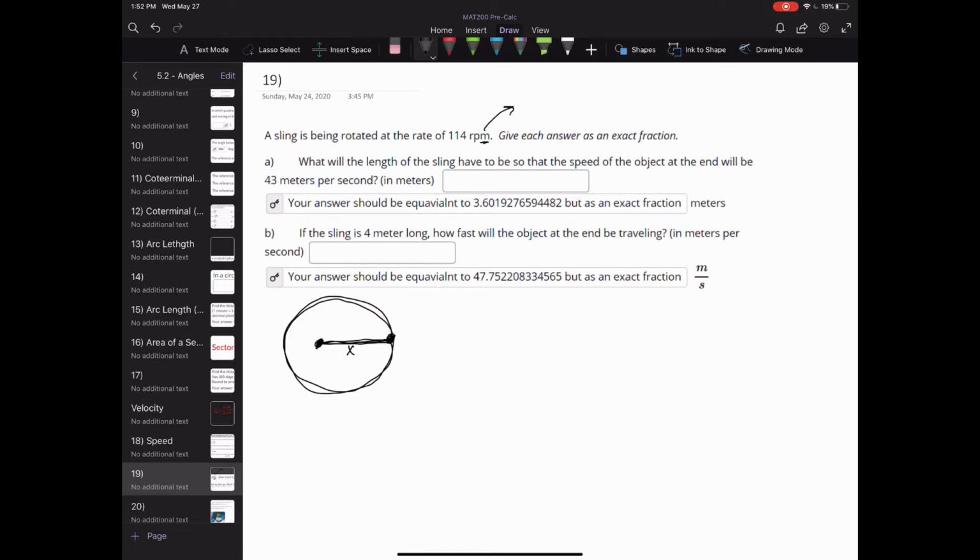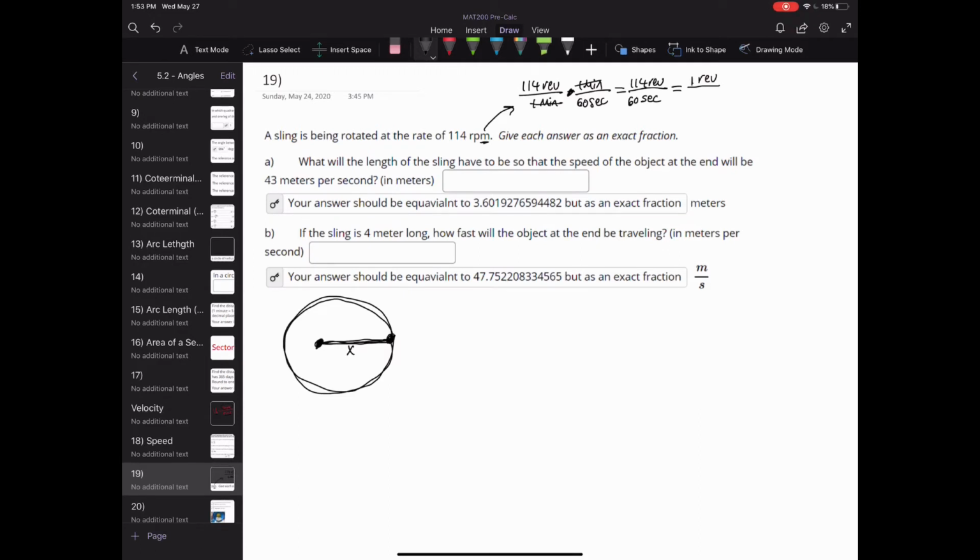So let's see how many revolutions per second occur. So we know we have 114 revolutions per minute. So let's convert that to seconds. So 1 minute times 60 seconds. They cancel, so remember 114 revolutions every 60 seconds. Now, here's the thing. I kind of need to know how many seconds in one revolution.